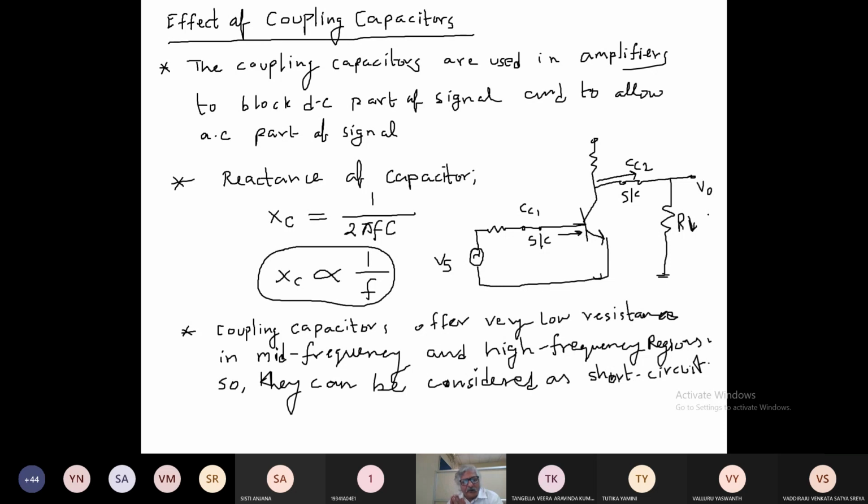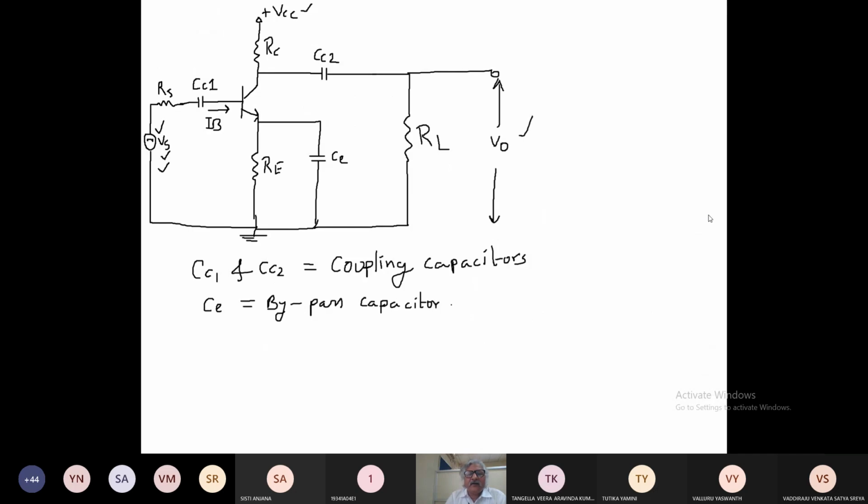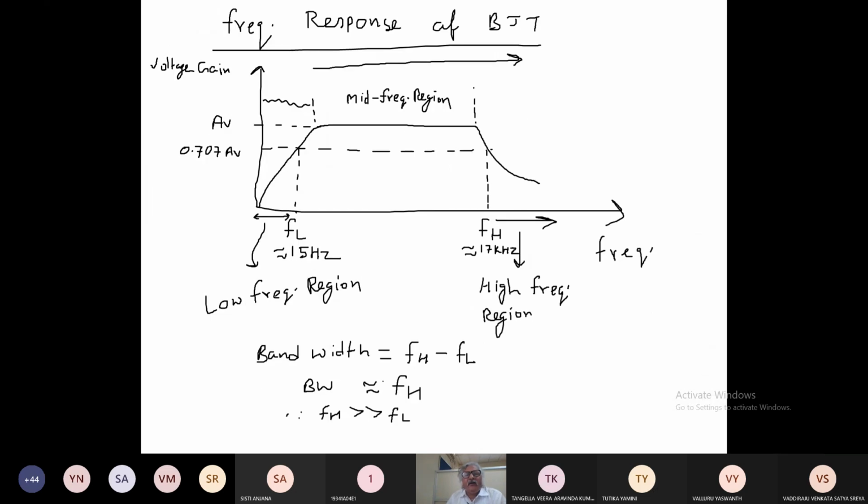So what you can conclude here is that at mid frequency and at high frequency, these capacitors do not affect the voltage gain.